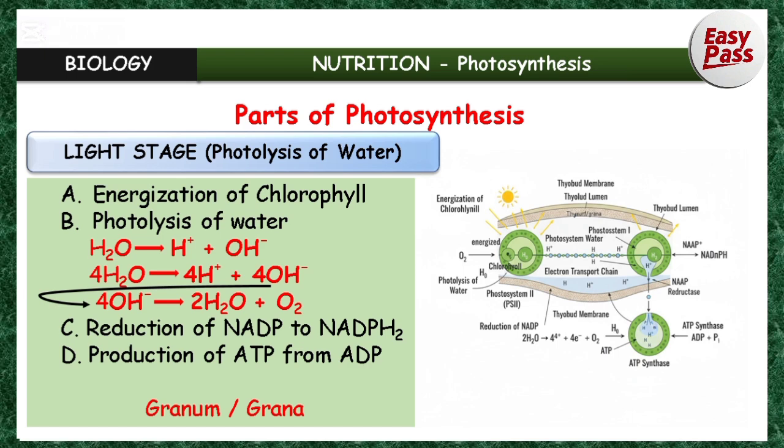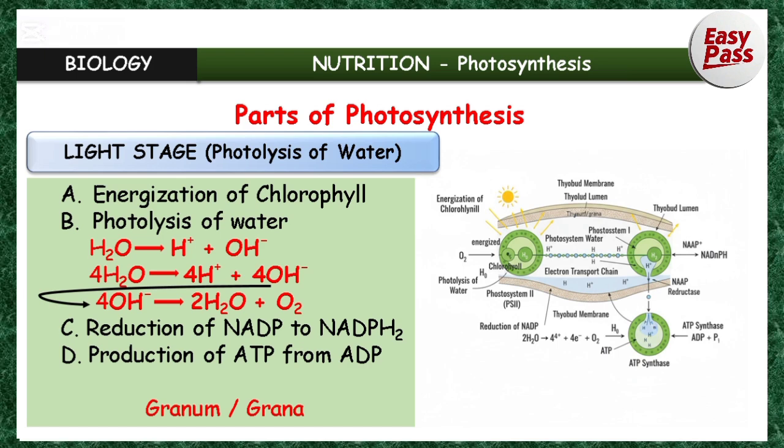This product is not stable, so more water molecules are split up to form more of these. So we'll be having 4 molecules of water giving us 4 molecules of hydrogen ion plus 4 molecules of OH ion. The reason for this I will let us know as we move on.